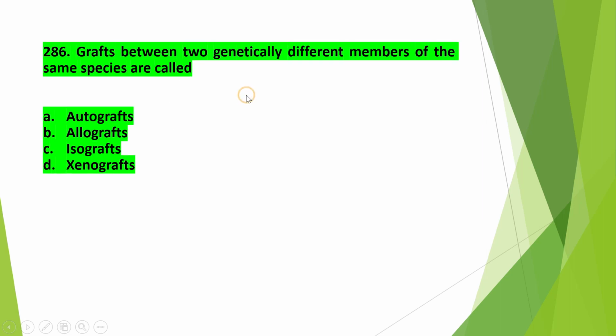And move to the next question: grafts between two genetically different members of the same species are called autograft, allograft, isograft or xenograft? The right one is option B, that is allograft. So grafts between two genetically different members of the same species are called allograft.